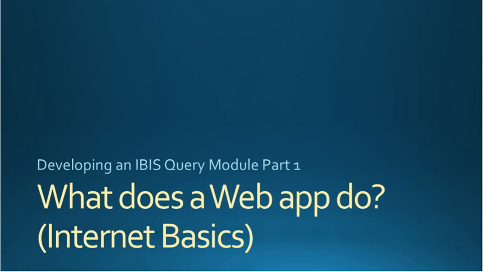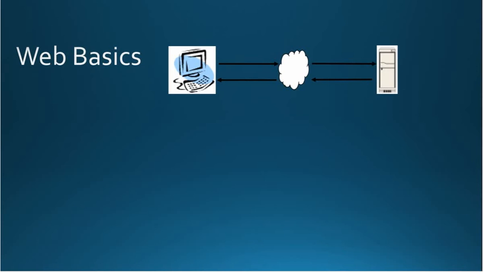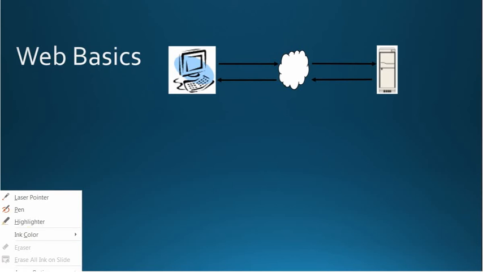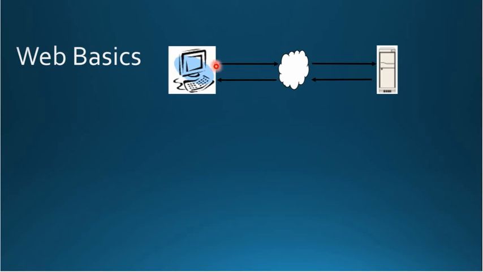We're going to go over the internet and how it works in very, very basic terms. So the computer terminal here on the left is a user, the box on the right is a server, and they talk to each other through this cloud in the middle. That's the internet.